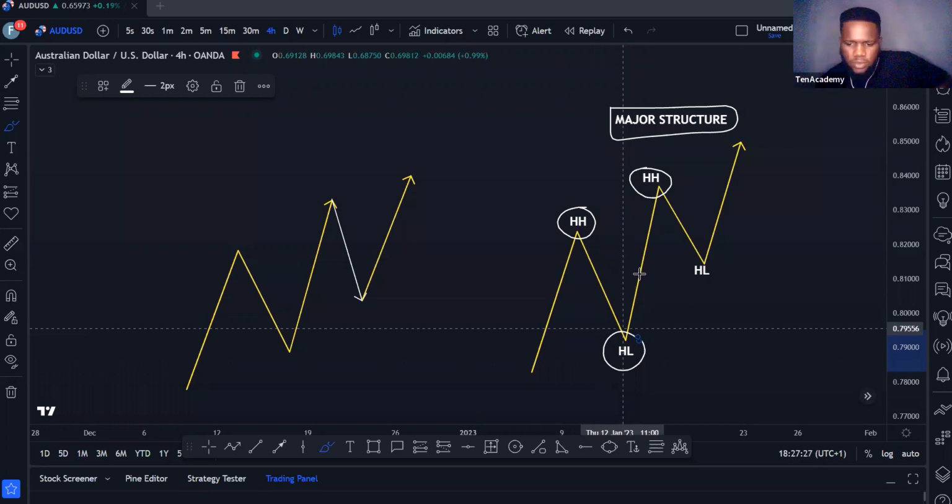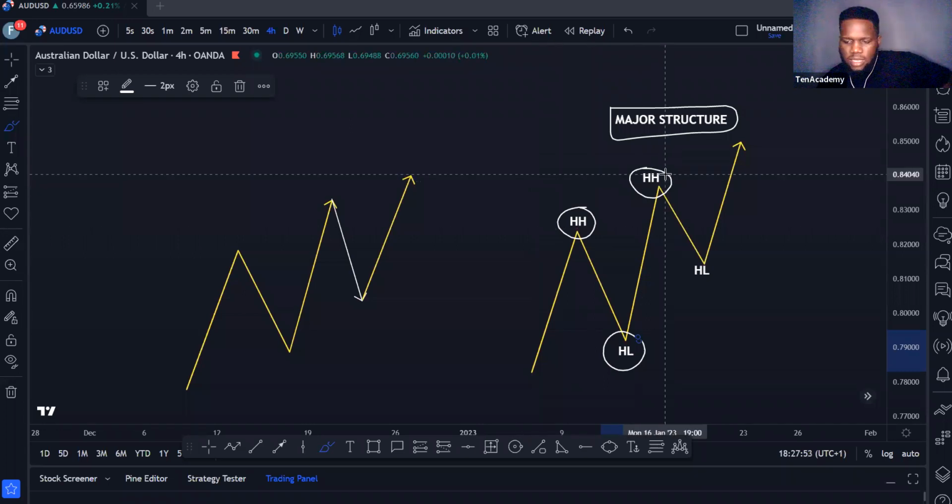Now, a higher high is created by a higher low, so you won't really know where the higher low is until a higher high has been created. So this is major structure right here.